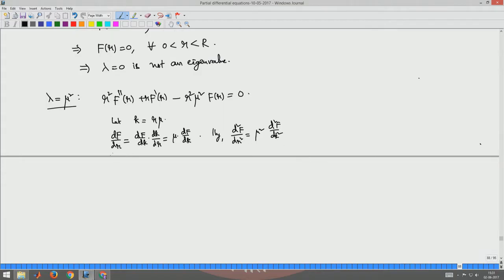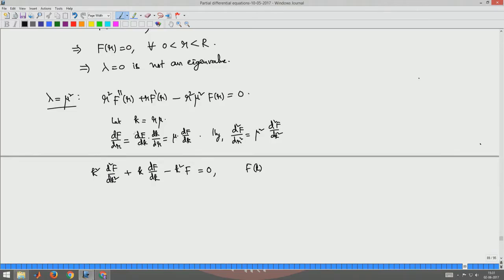So, you can substitute r square, which is k square by mu square, so that mu square goes. What you get is k square d square f by dk square, plus k times df by dk, minus k square f, equal to 0, where f is a function of k.